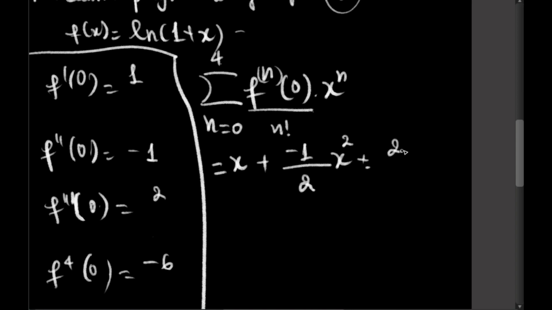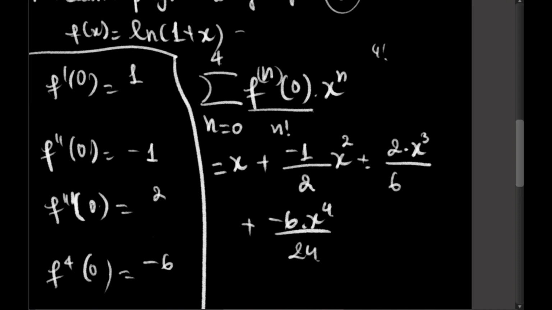Then I'm going to plus 2 over the factorial of 3, which is 6, multiplied with x to the power of 3, and now we're going to plus our final term. That's going to be minus 6 x to the power of 4 over 4 factorial. That's going to be 24, right?